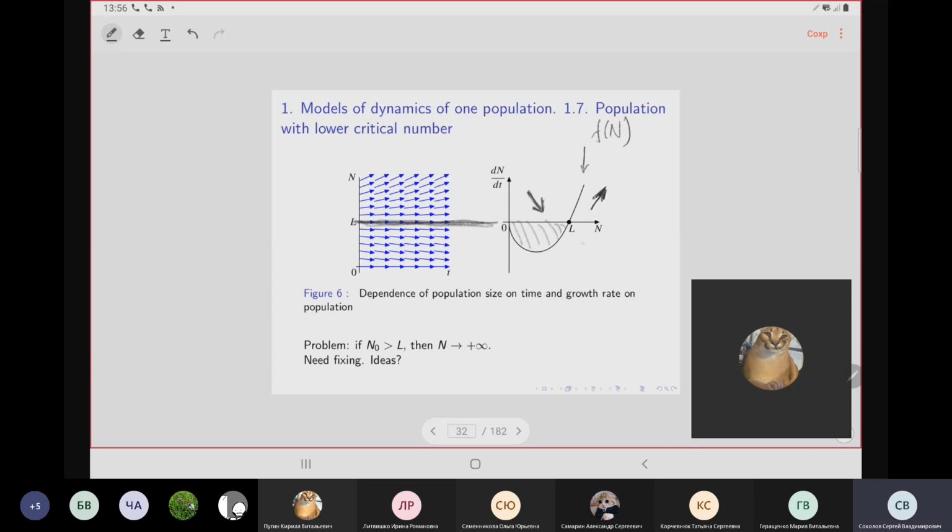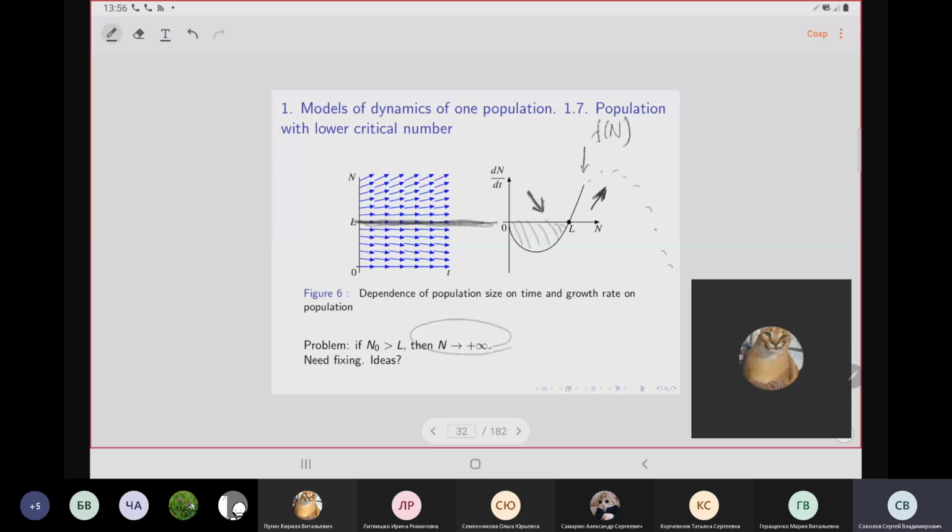If our species number exceeds some critical value, then the population grows to infinity. That's the problem. If n0 exceeds L, then the population goes to infinity. That means we need some fixing. We need to decrease our population growth with further increase of the population. So we want to have something like this.